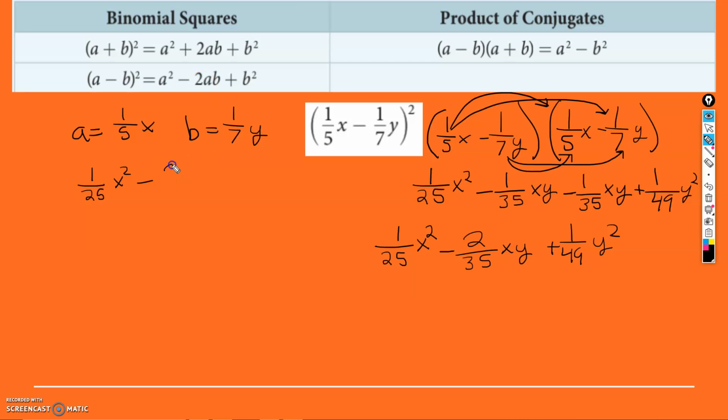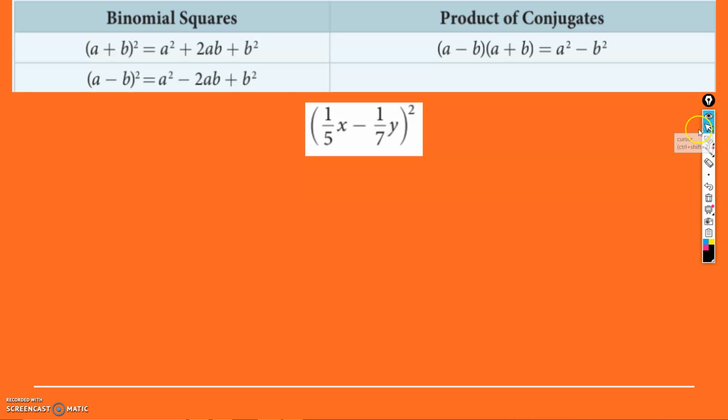Double it, so that'd be 2/35, and then x times y. And b squared: take 1/7 and square it, and put a plus sign. 1/7 squared is 1/49, y squared is y squared. So whether running it through the formula or multiplying it out, you're going to get the same answer.